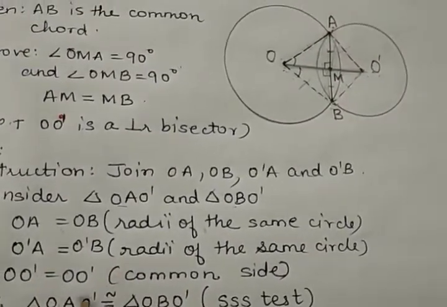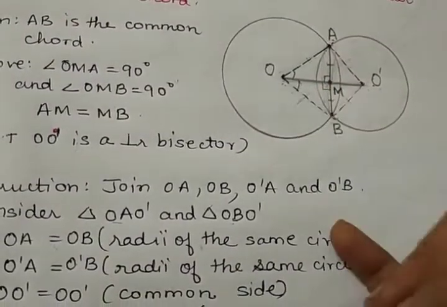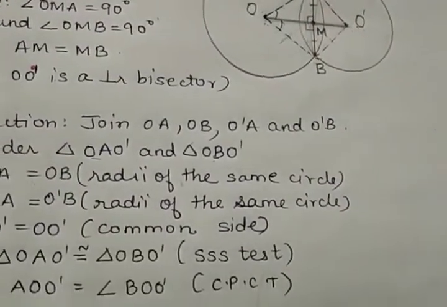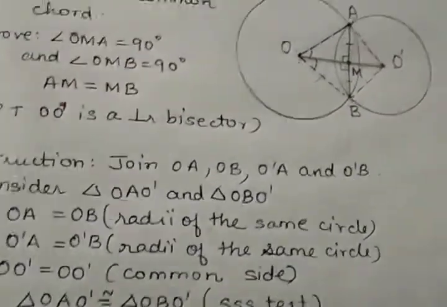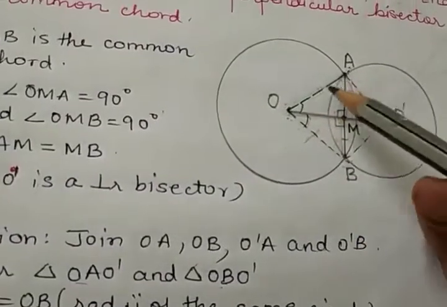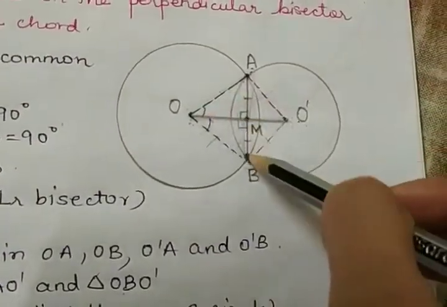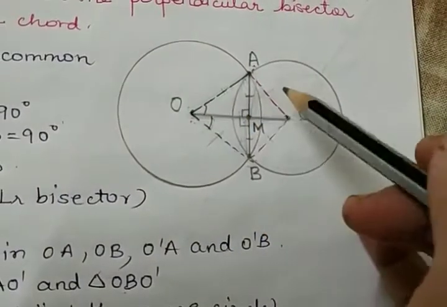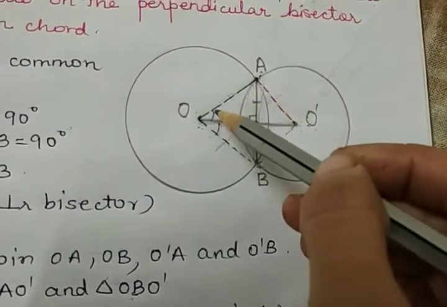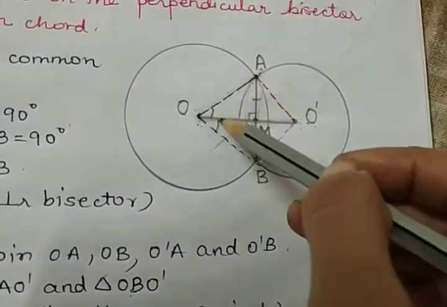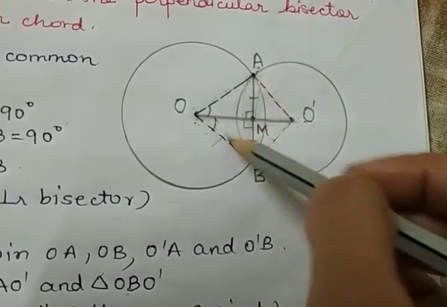So if the triangles are congruent, then I can say this angle is equal to this angle by CPCT, that is corresponding parts of congruent triangles. So now by using this, I got that in the previous two triangles that I had taken, the problem was that I did not have a third condition. Now I got the third condition. Okay, this is equal. So now I can use that to prove that these two triangles are equal.